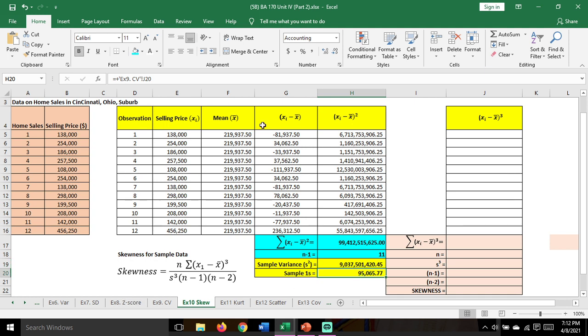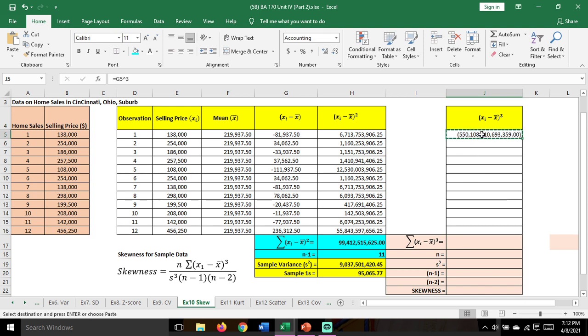Now, using the formula of our skewness, all we need to do is to raise to the third power our x sub i minus x bar. So, how to do that? We have the equal sign and then the cell raised to 3. Enter.